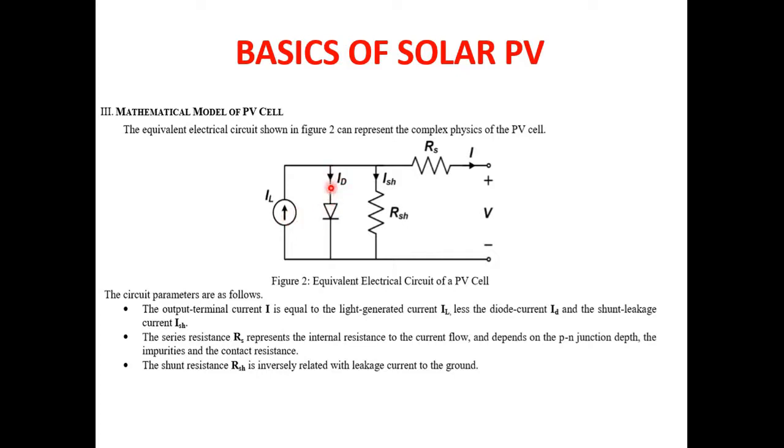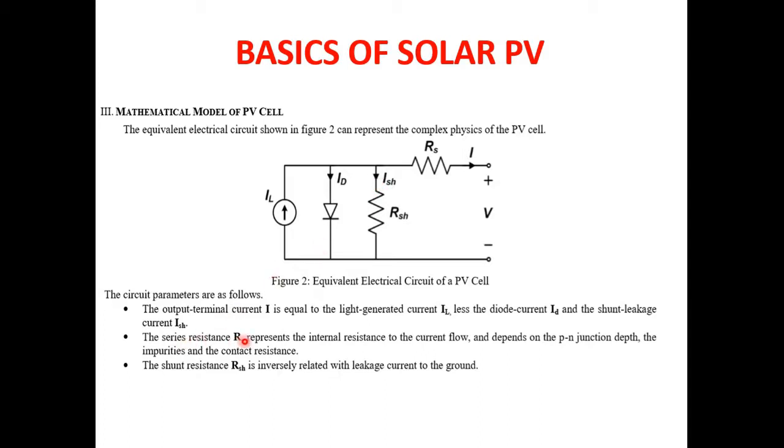This is diode current, this is shunt resistance, this is shunt current, and this is series resistance, and this is the actual final current for use, or we can say the output terminal current I is equal to the light generated current IL less the diode current ID and the shunt leakage current ISH. So we can say that I is equal to IL minus ID minus ISH.